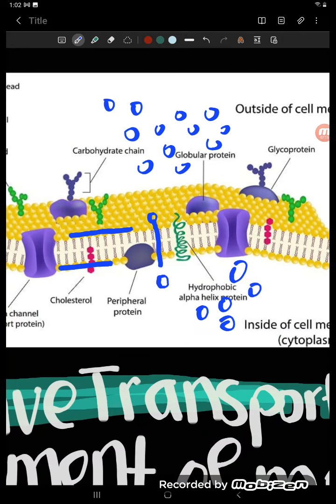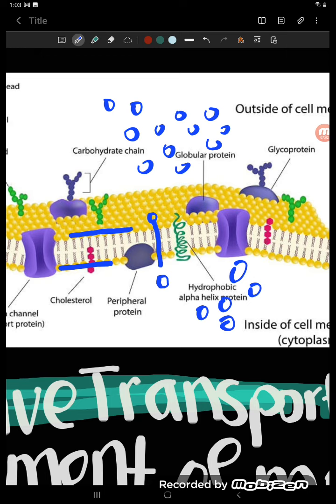Now, what I mean from high concentration to low concentration is that when the number of carbon dioxide is high on the outside of the cell, it needs to enter the inside of the cell so they can be at equilibrium, meaning equal concentration. Because we have something called the concentration gradient, the difference in concentration in a space.